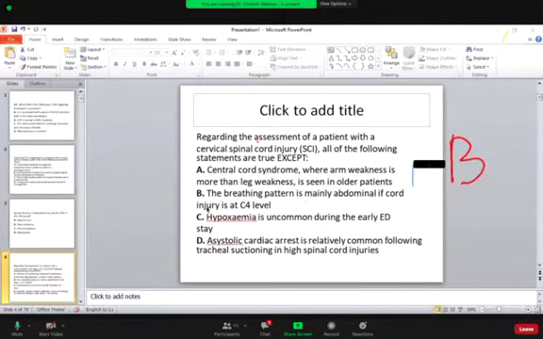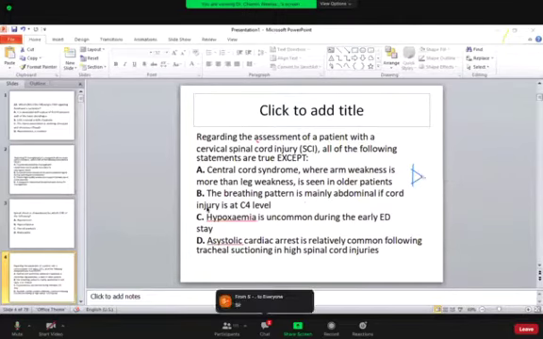In central cord syndrome, upper limbs are affected more than lower limbs, so it is true. If the injury is at C4 level, then the diaphragm is most probably intact, so the breathing pattern can be abdominal.